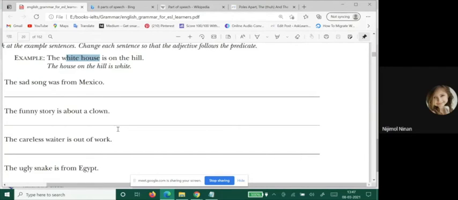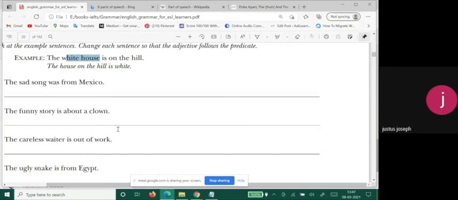Think. The waiter out of work is careless. So many people are giving so many options. Some are saying the waiter is out of work is careless. Some are saying the waiter out of work is careless.